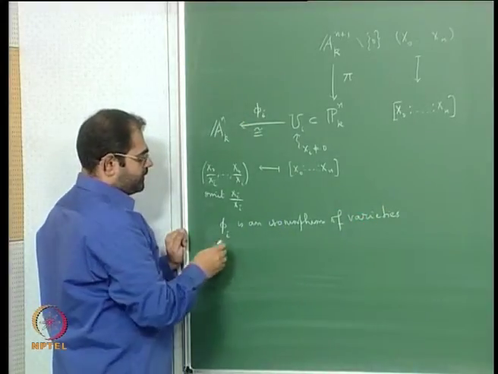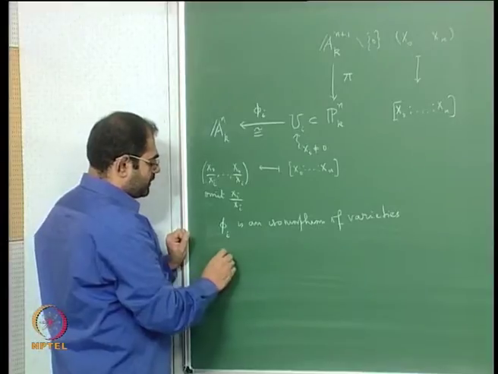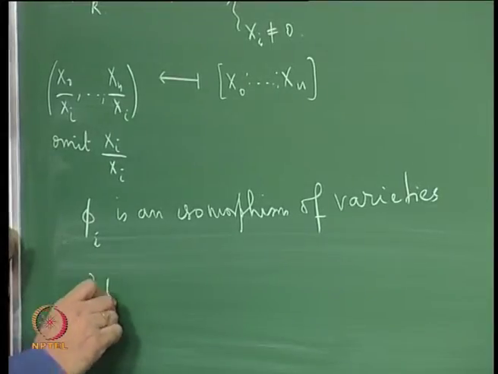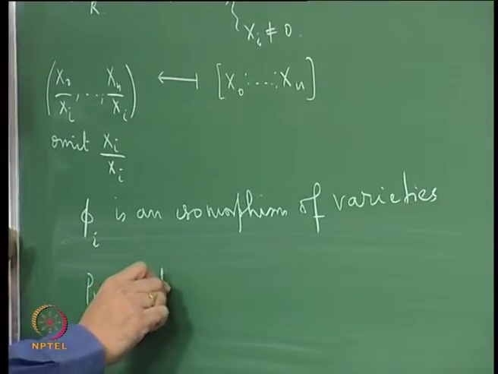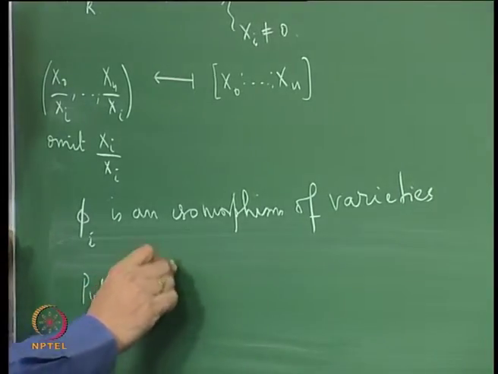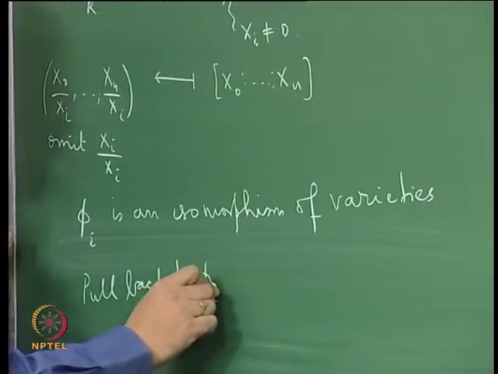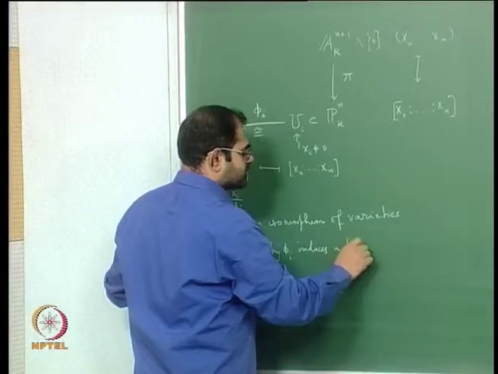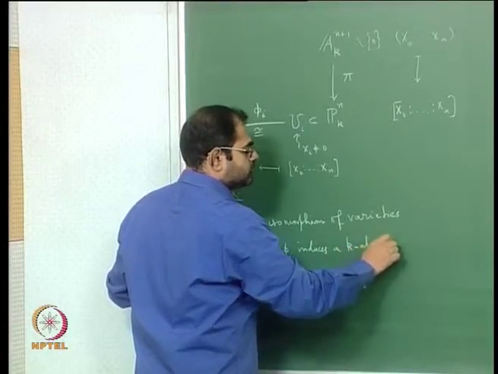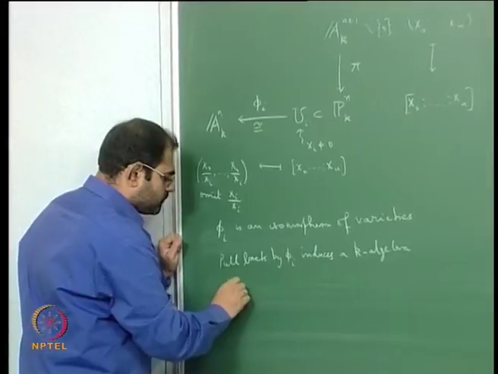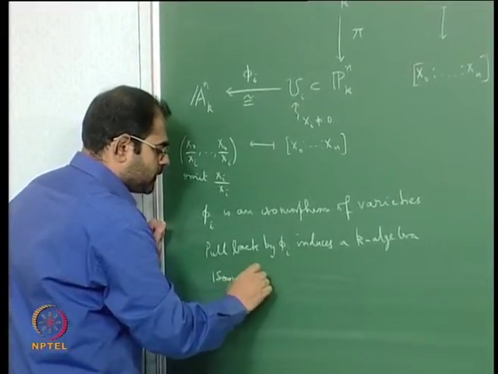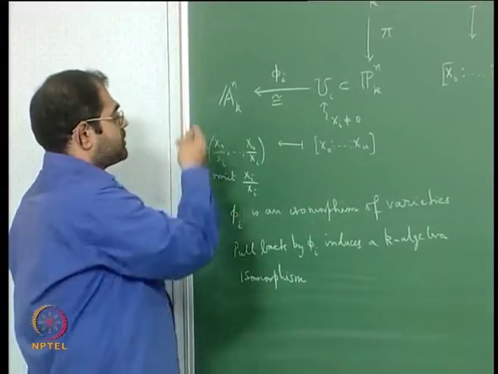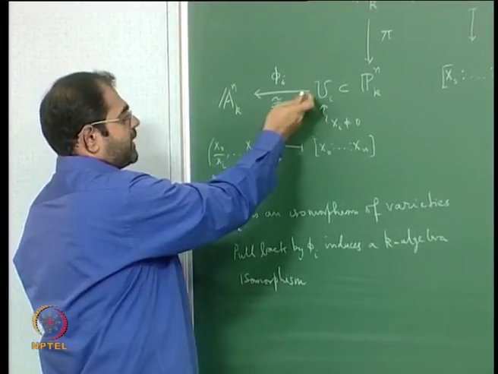And what it will induce is that the pull back by phi_i induces a K-algebra isomorphism, pulling back regular functions. So given a regular function here, you pull it back to a regular function here.